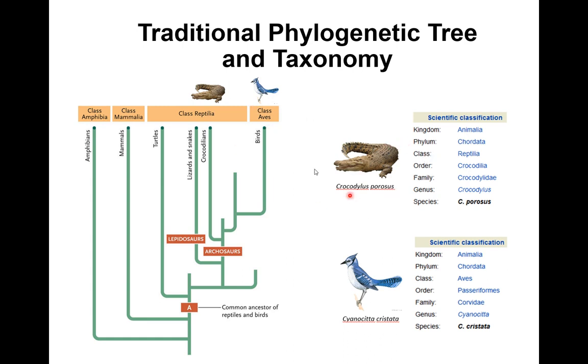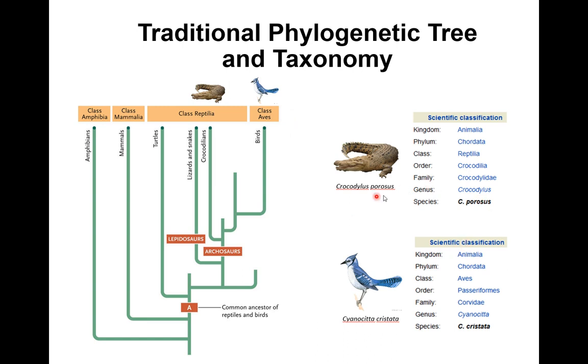So for example, this is how the saltwater crocodile called Crocodylus porosus is classified. So it's an animal, it's a vertebrate, it's a reptile, and then you get into the order here. Now, this is how a bird, such as this beautiful blue jay, is classified. Evolutionarily speaking, they should be extremely close, and you would expect that the taxonomy should reflect that, but it doesn't.